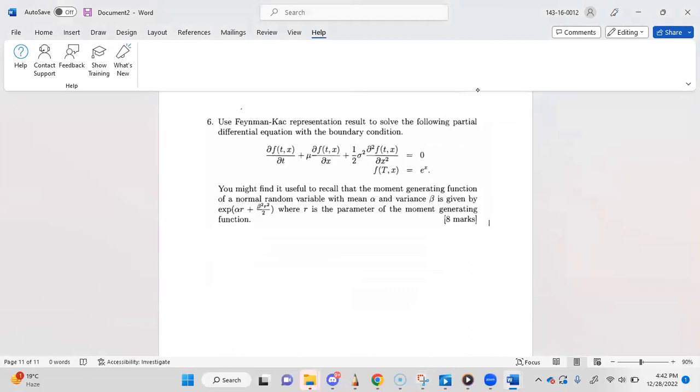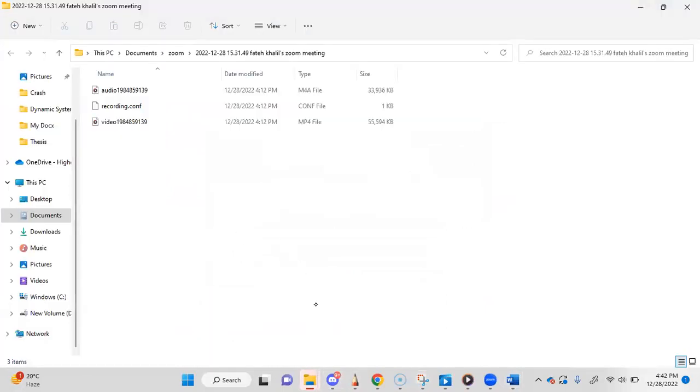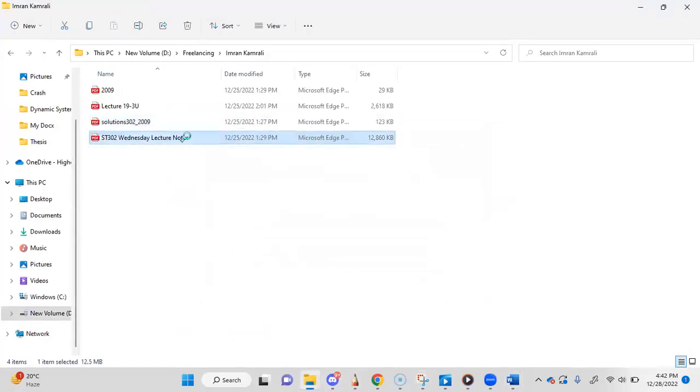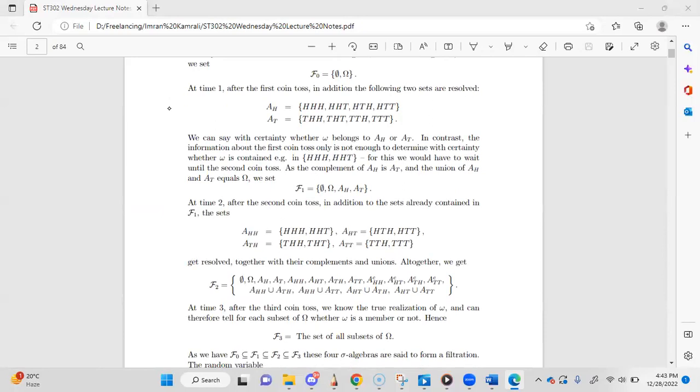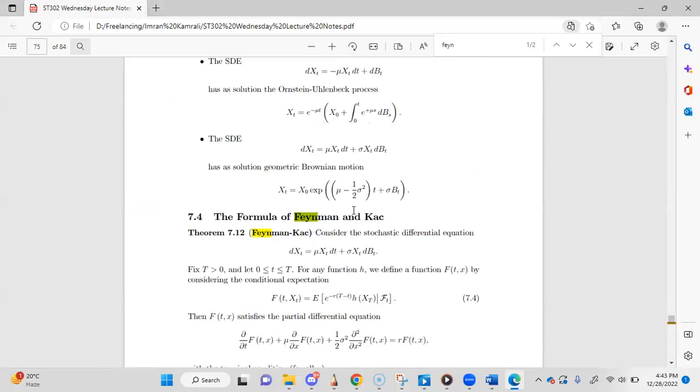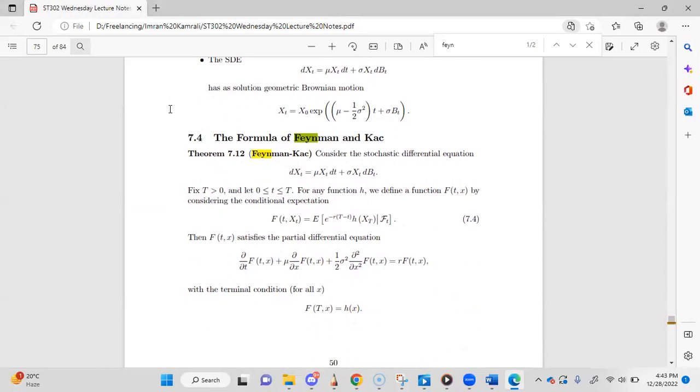Let me go into your professor's notes. You see that? There isn't this x actually. This is a mistake here. So I'm explaining to you how this Feynman-Kac has the representation.